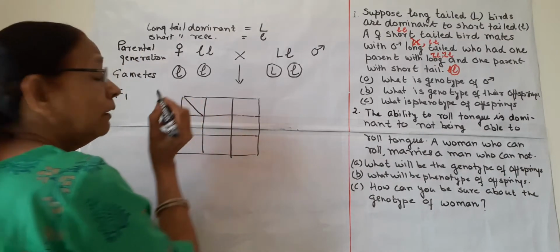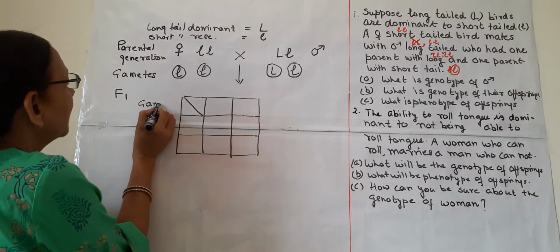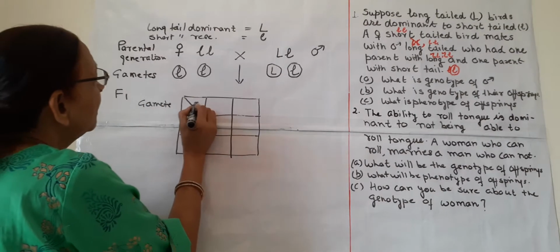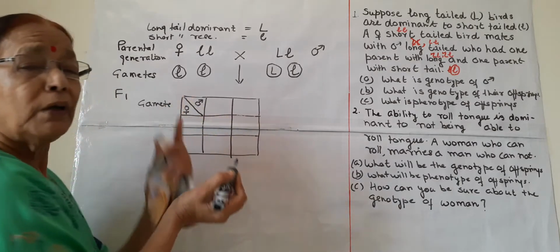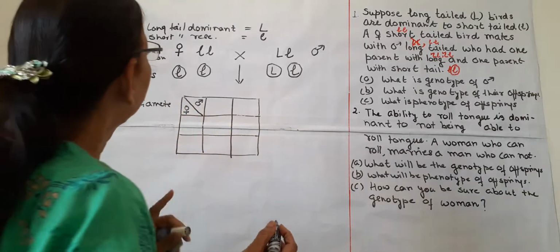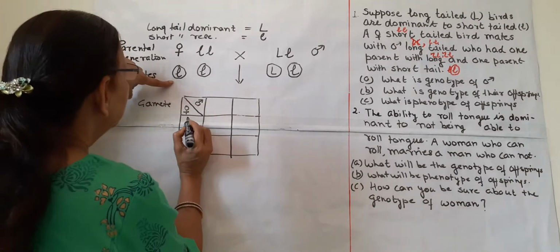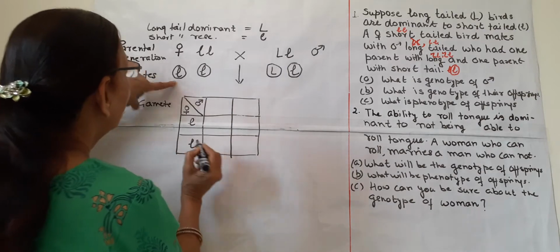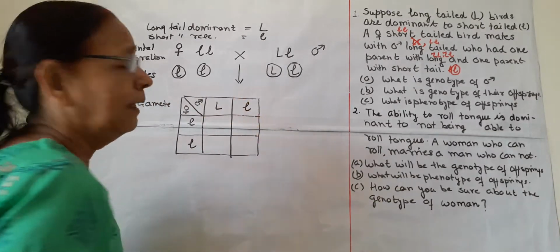Here we will draw a line like this. Here we will write gametes again. Here female gamete, here male gamete, or whatever you want to write. So the female gametes are l and l. Male gametes are L and l.